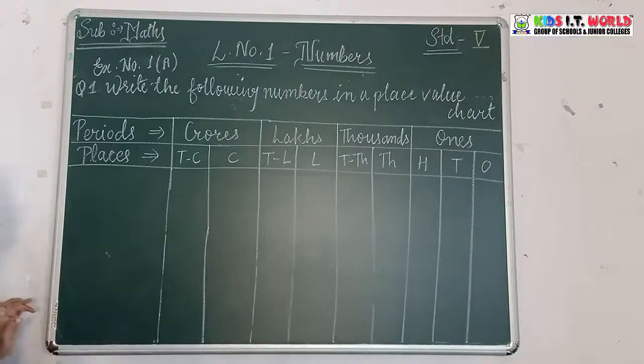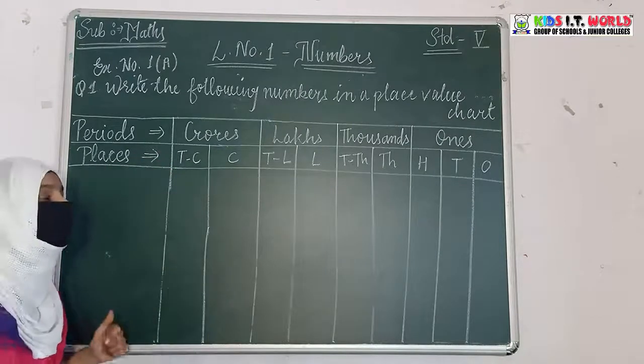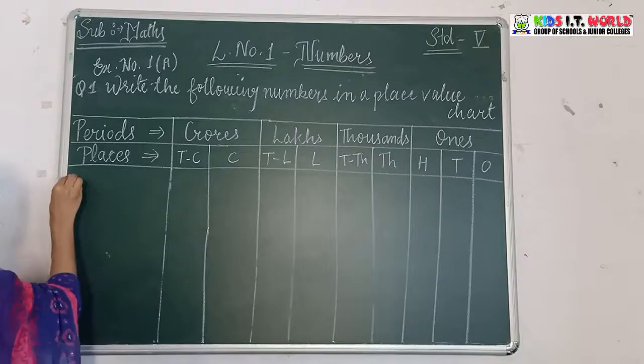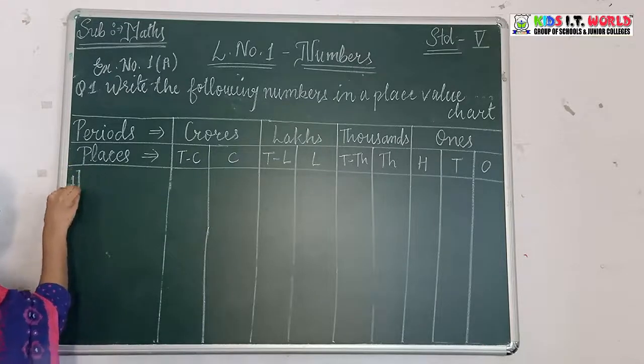Make a table like this. Draw the lines carefully with the pencil and scale only. Draw these columns properly. Then write your question here.